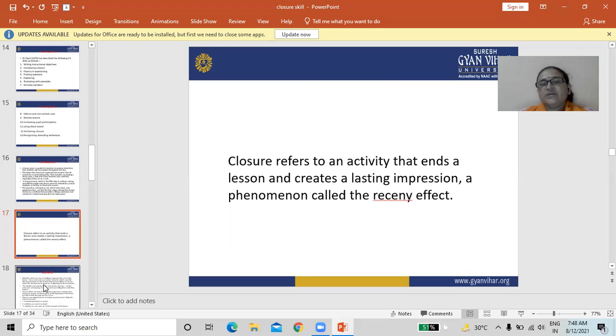Closer refers to an activity that ends a lesson and creates a lasting impression, a phenomenon called the recency effect.